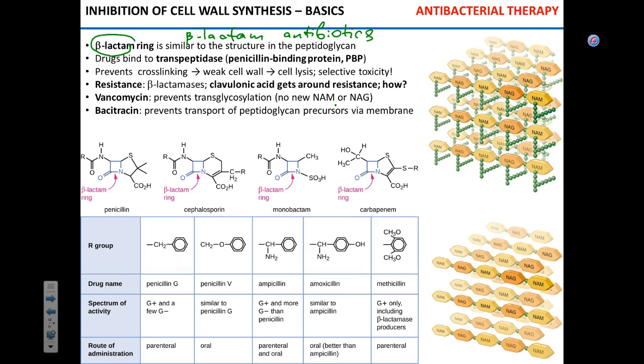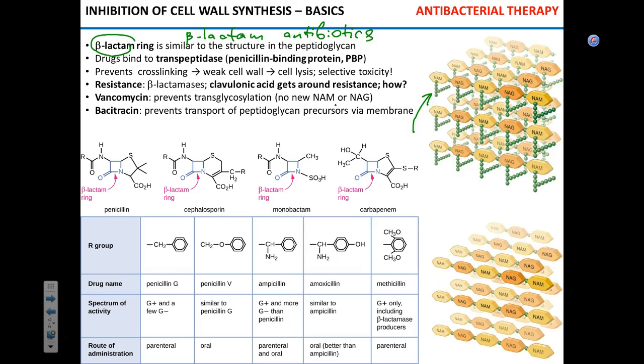There are several subclasses in that group. What they do, they inhibit the synthesis of peptidoglycan. They inhibit the formation of peptide links between the carbohydrate chains in the cell wall.